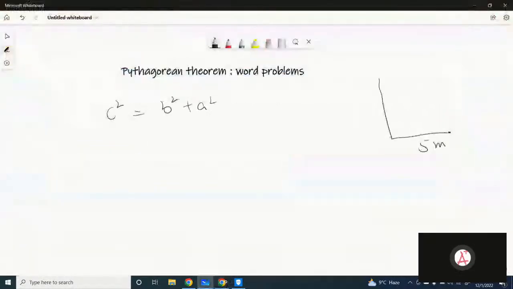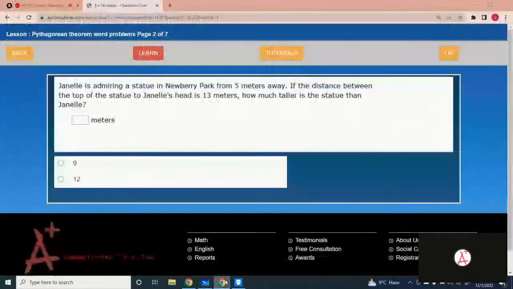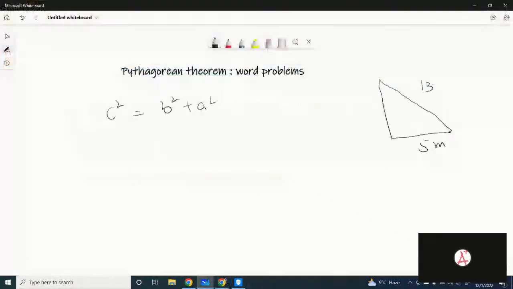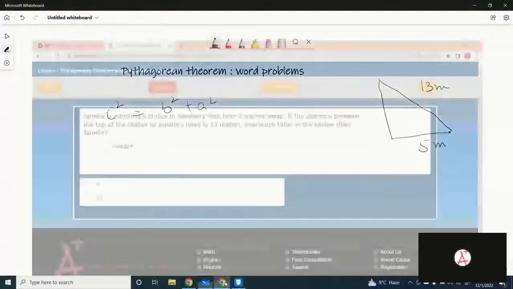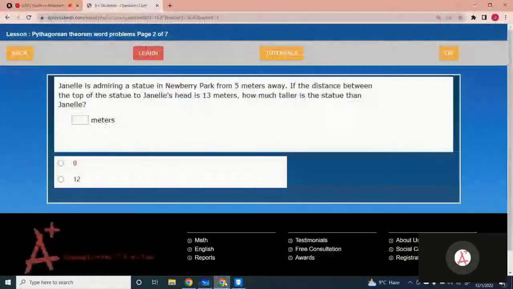Okay, so the distance from here to here, it would be then 13 meter. If the distance between the top of the statue and Janel's head is 13 meter, how much taller is the statue than Janel?